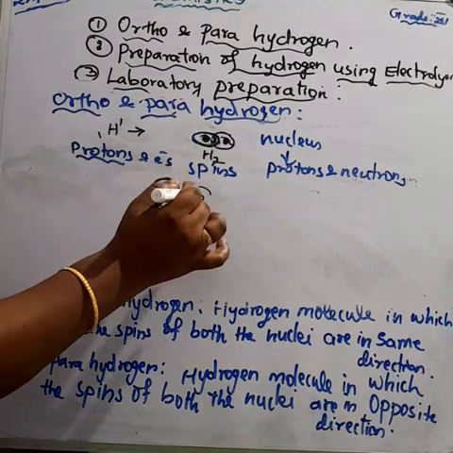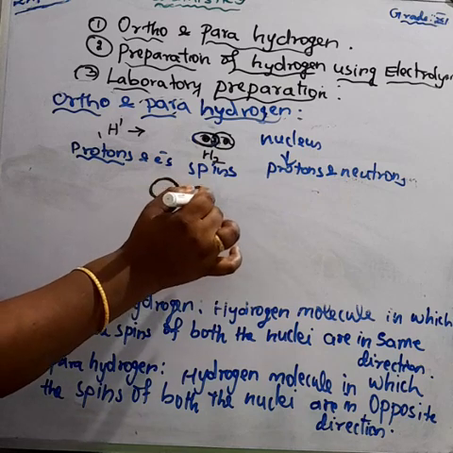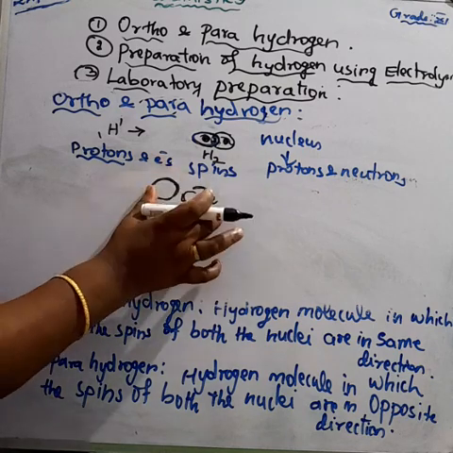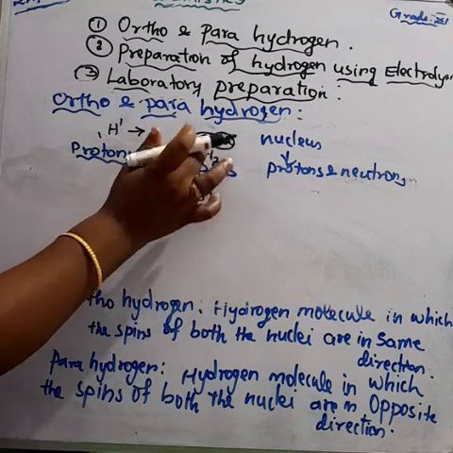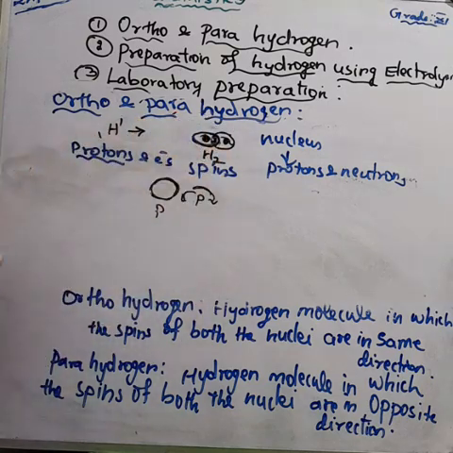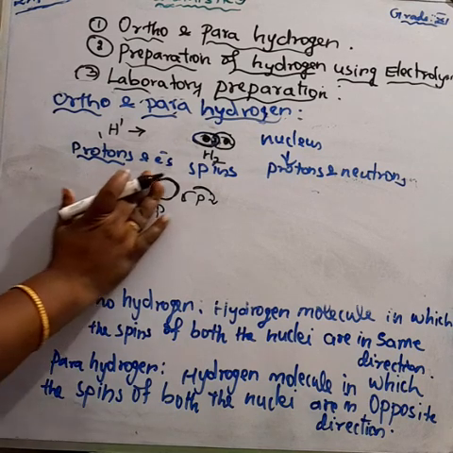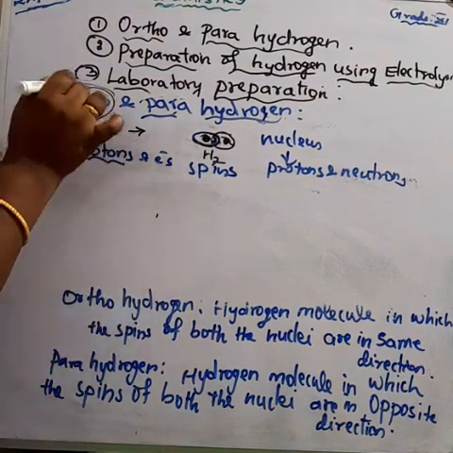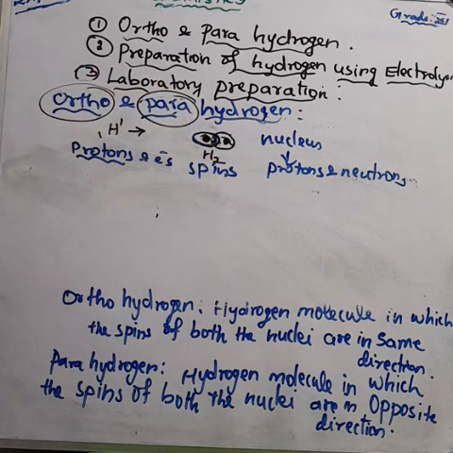That is called the proton spinning. Both the proton and the electron spin about an axis like a top. Clear? So what do you mean by the ortho form of hydrogen and the para form of hydrogen?